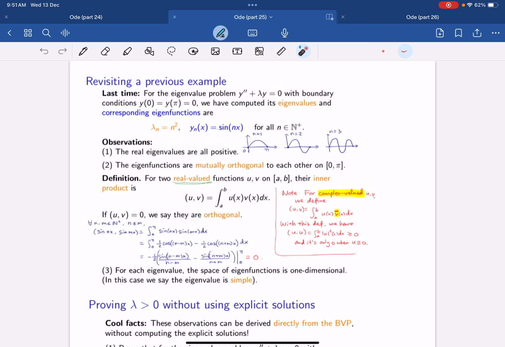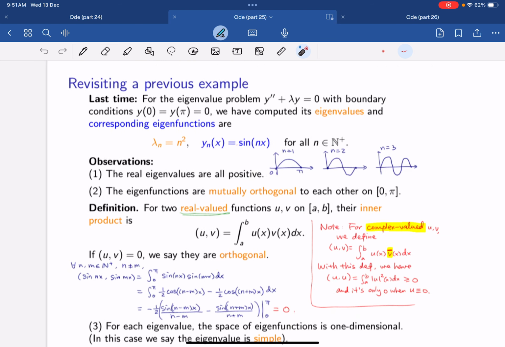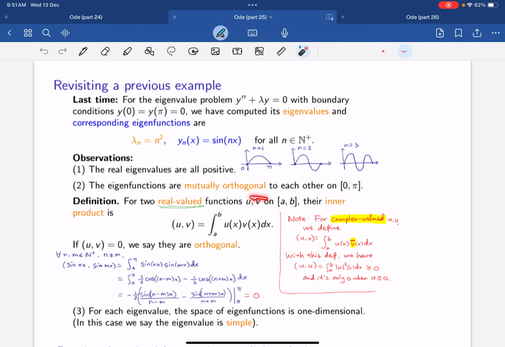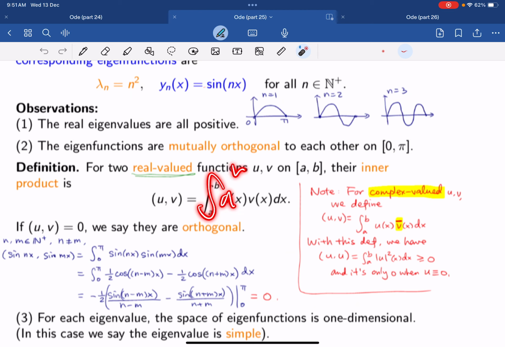What we observe is that the real eigenvalues are always positive since it's n squared, and that the eigenfunctions are mutually orthogonal. What does it mean for two functions to be orthogonal? Well, the integral of the product is 0.